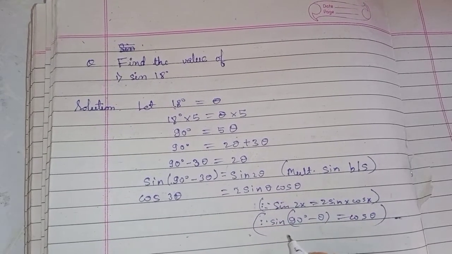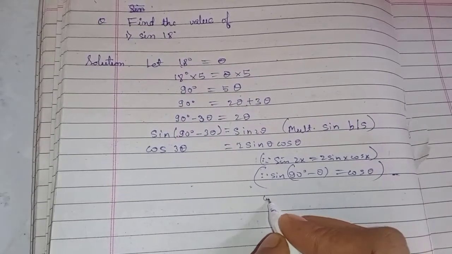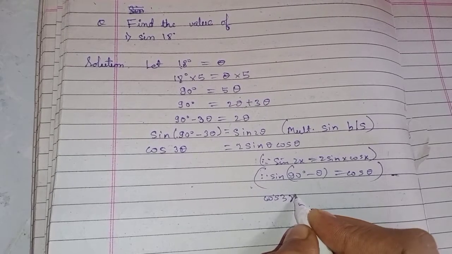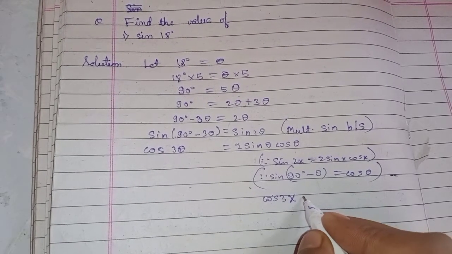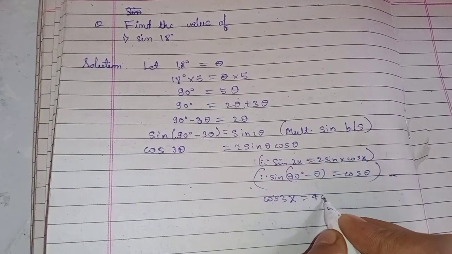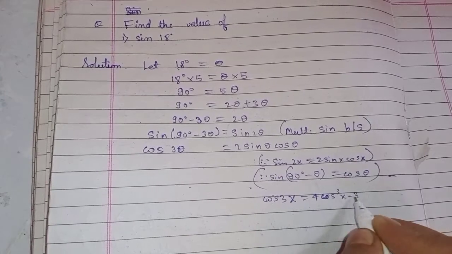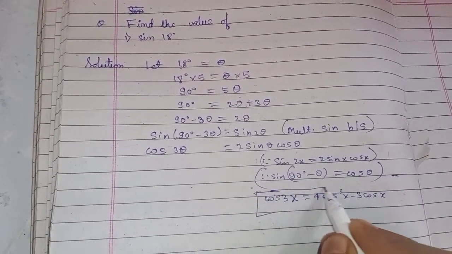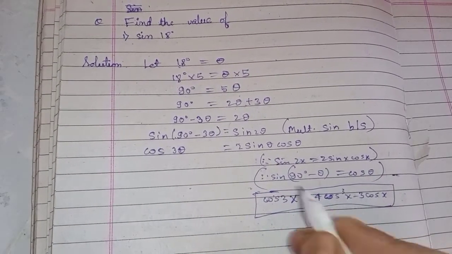Now as we know by the formula, cos 3x is equal to 4 cos cube x minus 3 cos x.